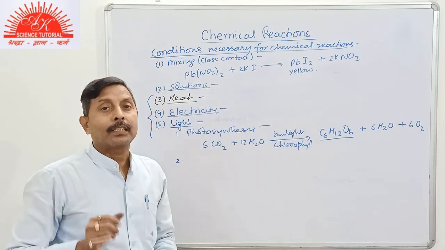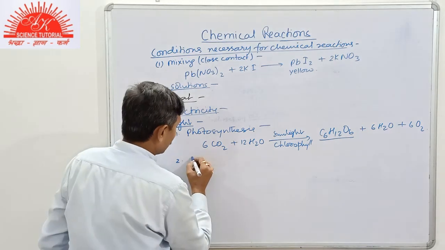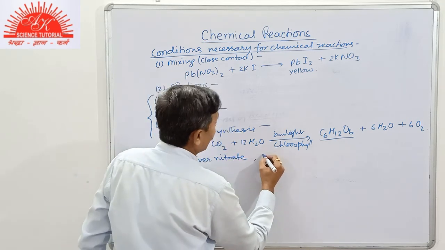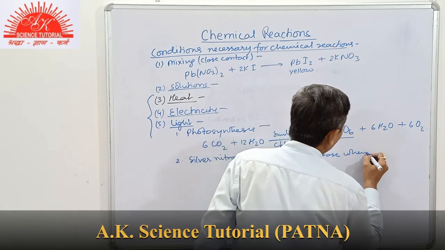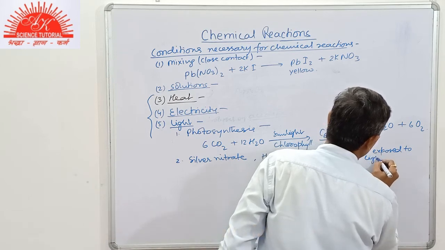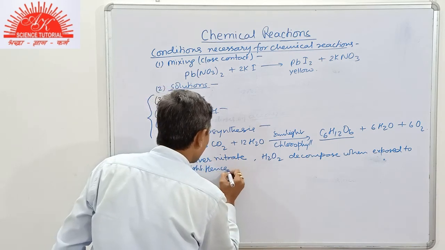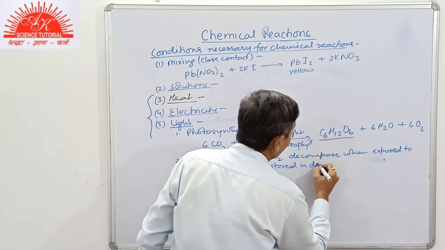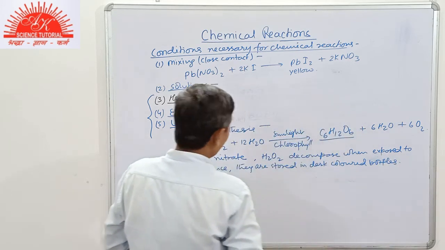Similarly, in a laboratory, silver nitrate and hydrogen peroxide, H2O2, are stored in dark colored bottles because they decompose when exposed to light.